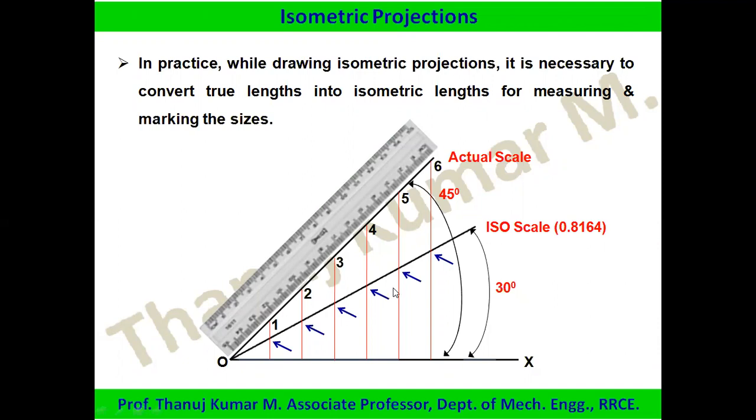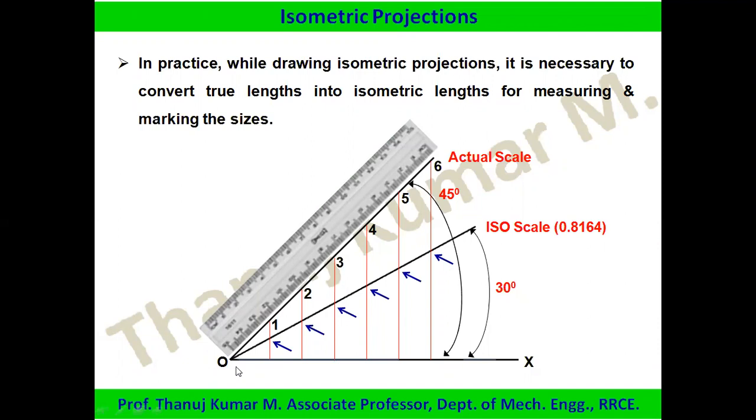It will be very easy for you to draw. Depending upon the problem you get, you have to think whether you have to draw this isometric scale or not. If you get, for example, a square, cube, or a rectangular prism, then you do not need to draw this isometric scale. Whereas if you get a pentagon, hexagon, or a frustum of a cone or something like that, then you need to draw this isometric scale. How do you draw it?